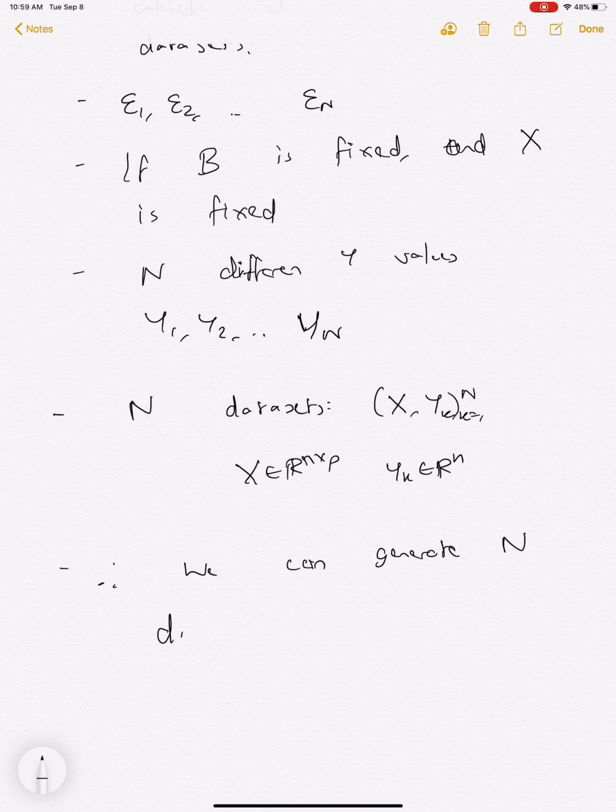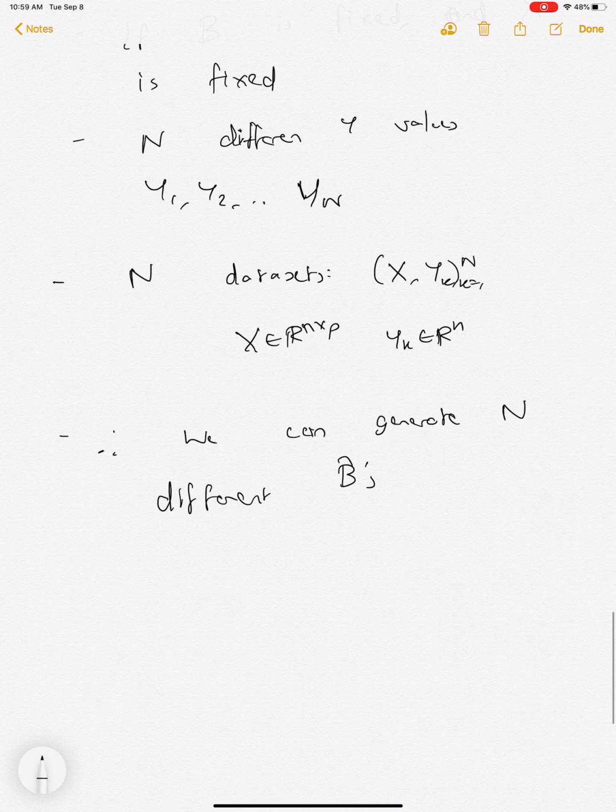And then therefore we can generate N different beta hats. So we're going to get beta hat 1, beta hat 2, up to beta hat N. And again, this notation is a little bit awkward because it's not referring to the covariate index here. It's referring to the simulation or the realization index.